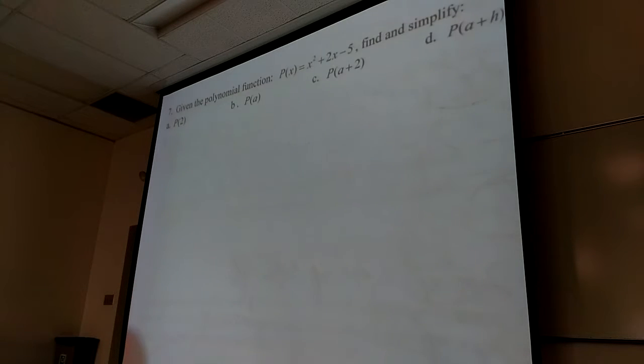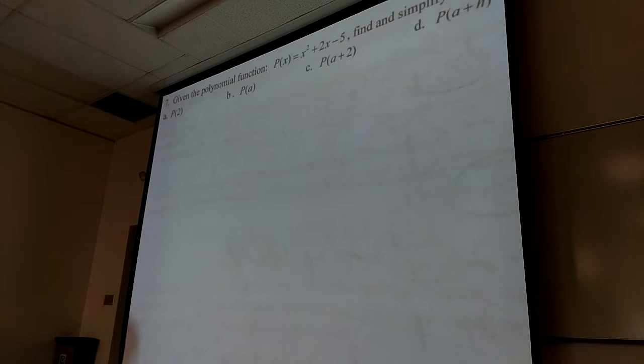Next page, number 7. Do those 4 problems there. And then on the bottom of this page, I'll give you more interesting problems.